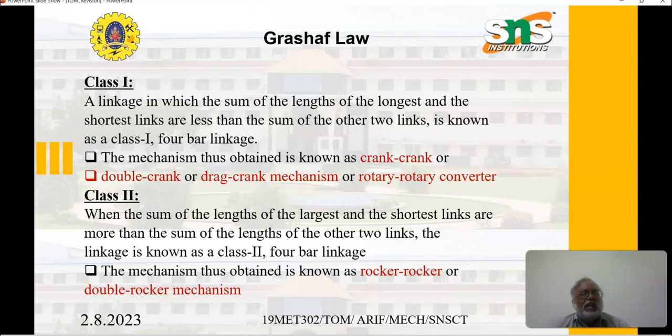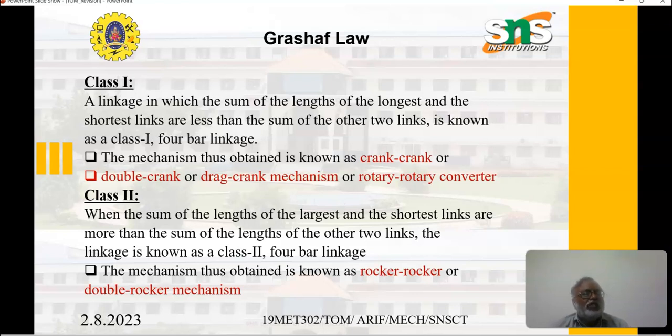The mechanism thus obtained is known as crank-crank mechanism, or double crank mechanism, or drag crank mechanism, or rotary mechanism. We can say whichever we want to.